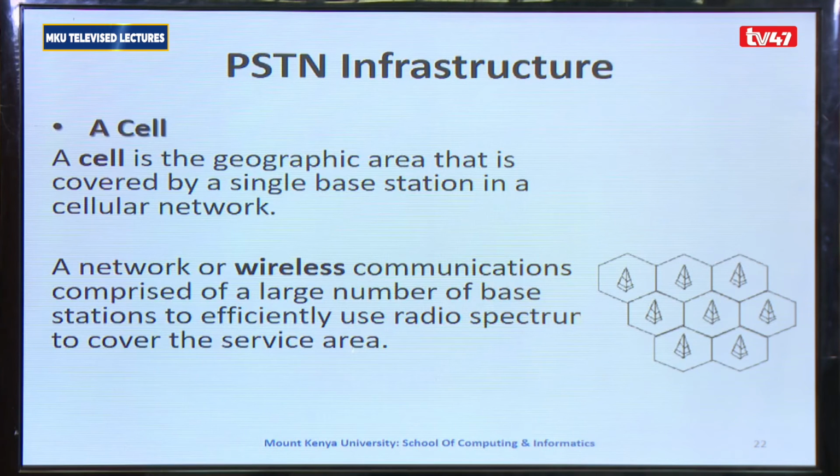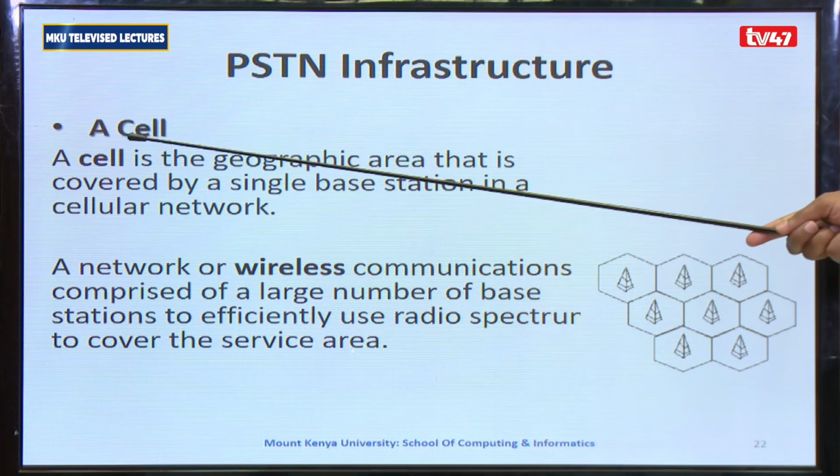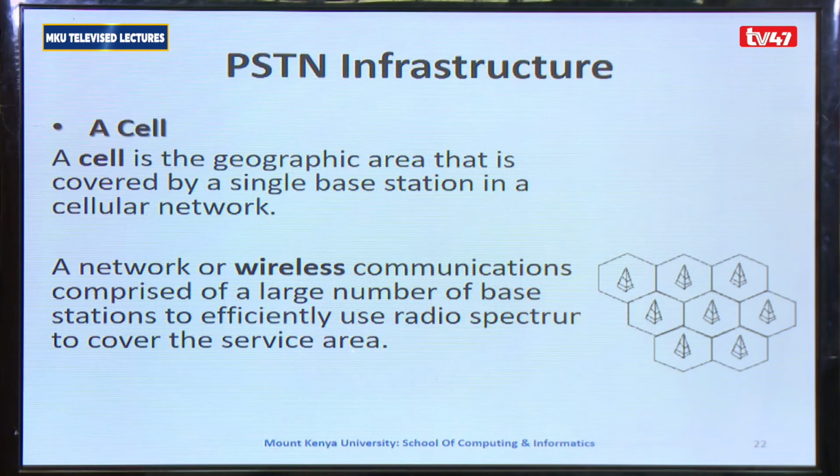The other component of the PSTN infrastructure or a mobile computing environment is what we call a cell. A cell is simply a geographical area that is covered by a single base station in a cellular network. In drawing, it is represented using a hexagon, but in practice, it's an irregular space within a geographical area.